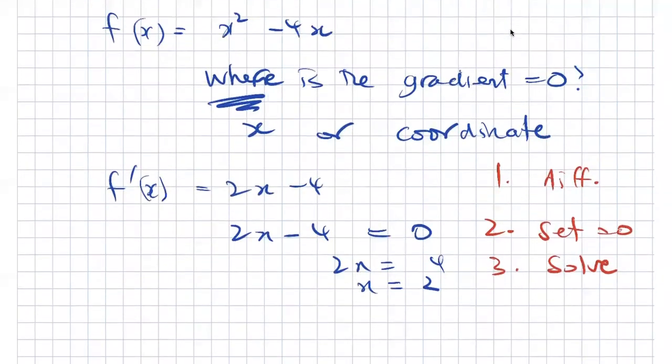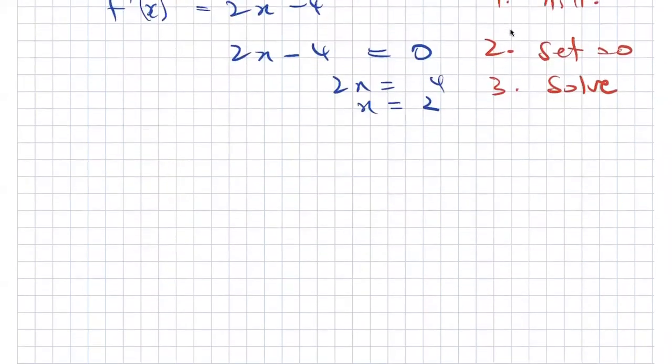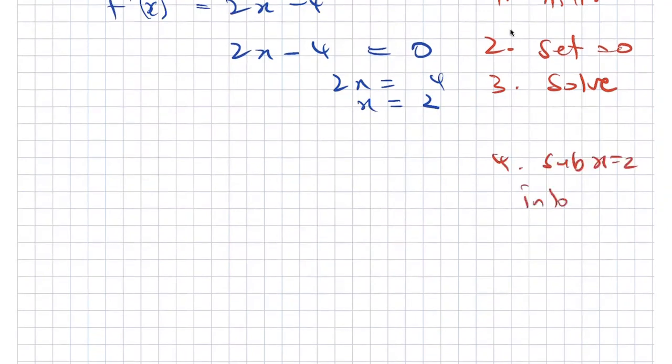So the original function is x squared minus 4x. So the next thing is really 4, sub x equals 2 into f of x, which is the original function, to finish that off.